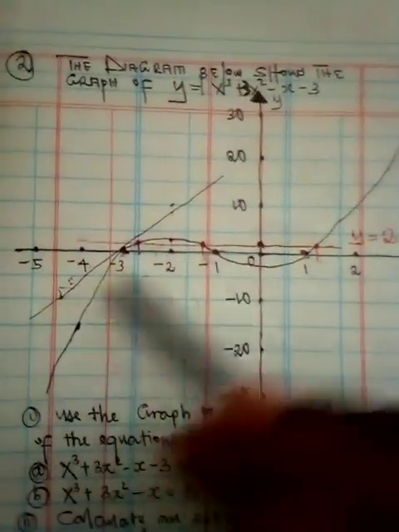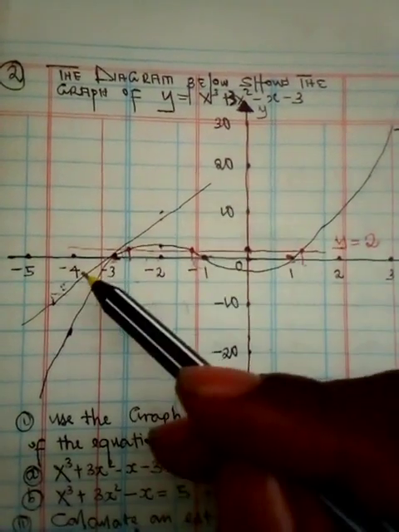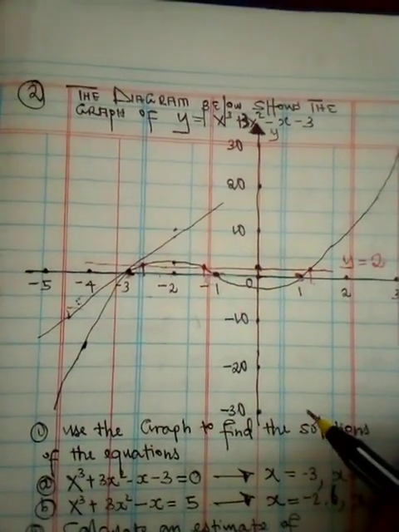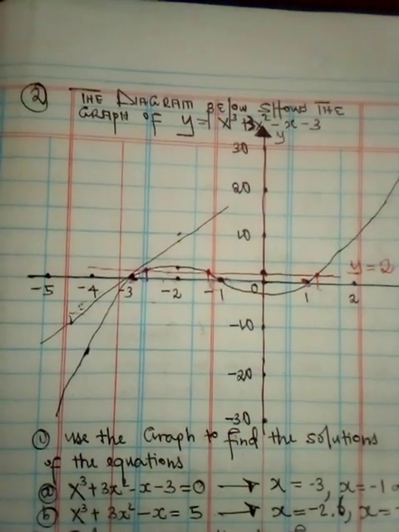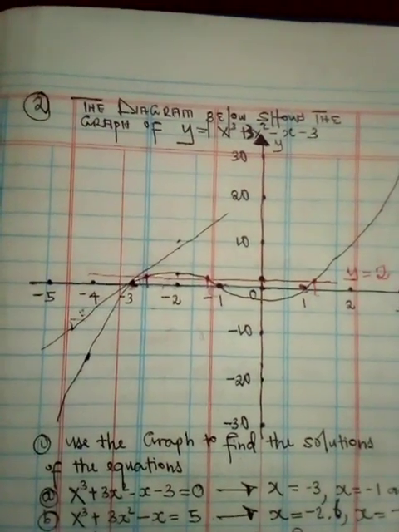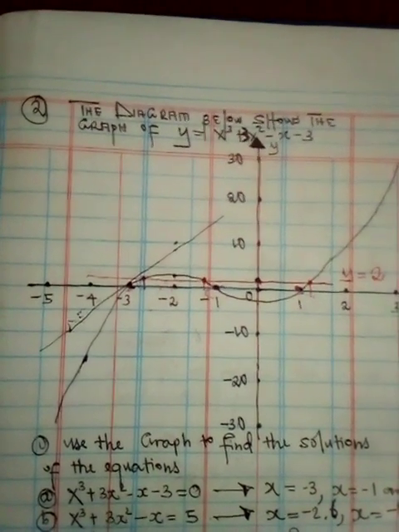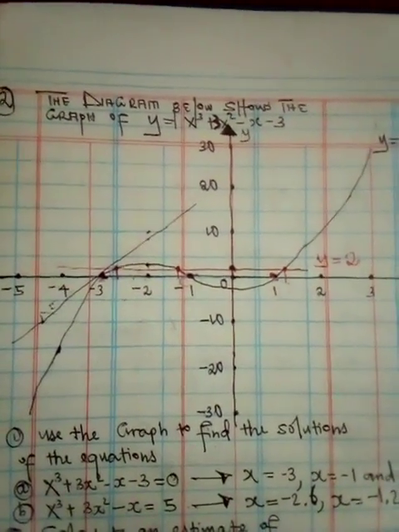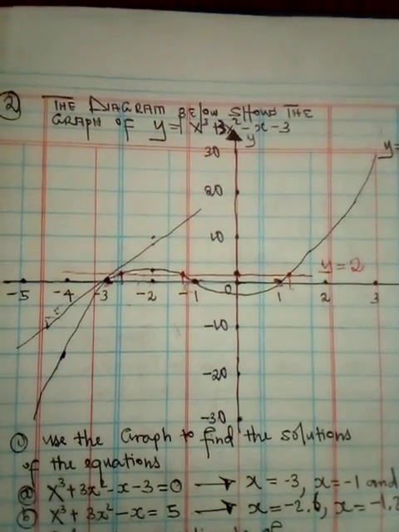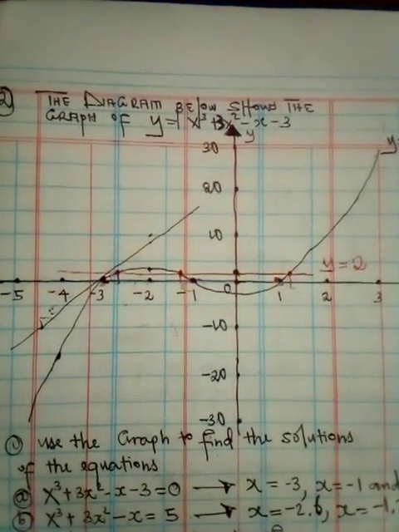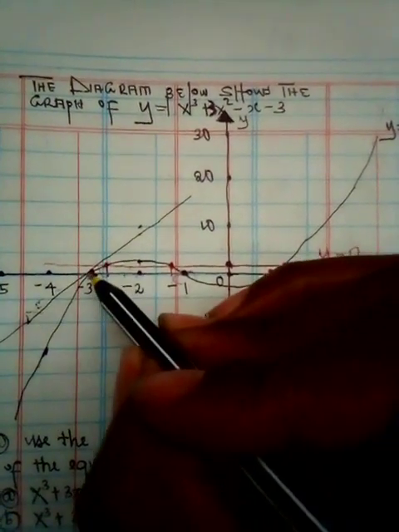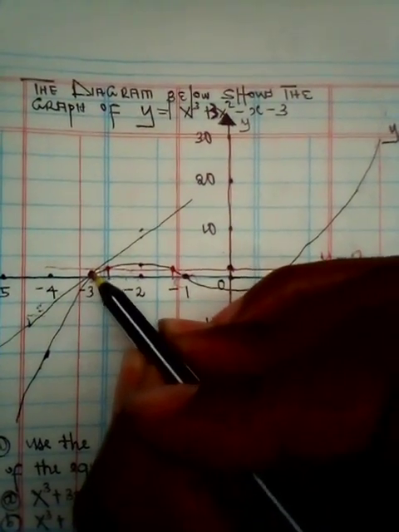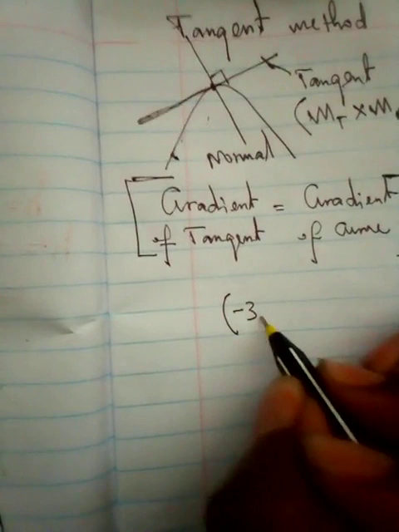So once we do this, having seen that this is a line, we are going to pick any 2 points on this same line. Once we pick any 2 coordinates from this line, we'll be able to determine the gradient. So watch this. The first point which I can pick is the same -3, 0. That's the first coordinate that I can pick.